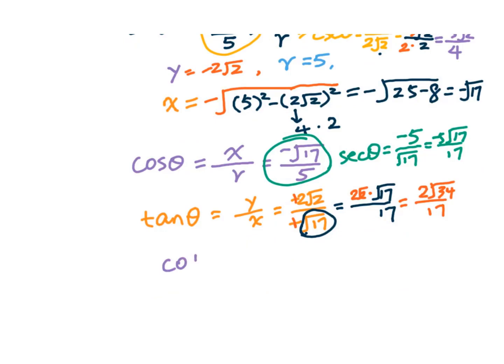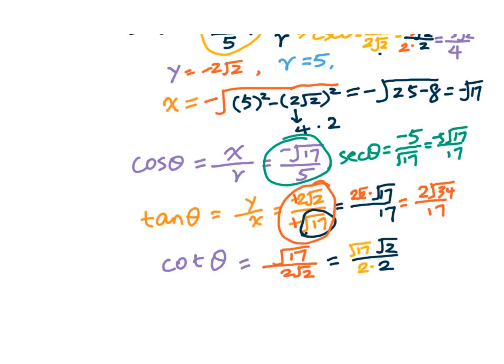For cotangent theta, there's no easy one to flip, so the middle part is easier. I got square root of 17 over 2 square root of 2. Simplifying with square root of 2 over 2, we get square root of 17 and a 2 carrying on.